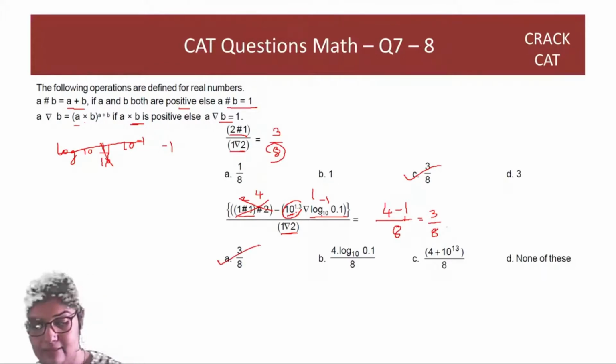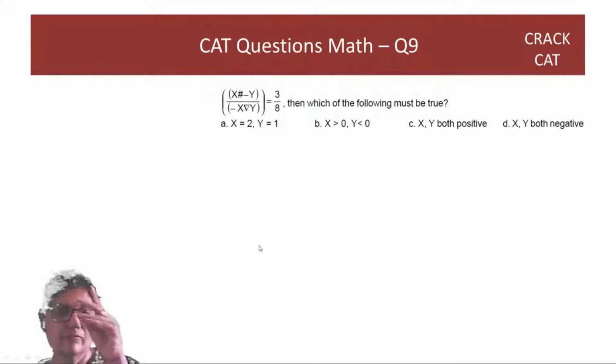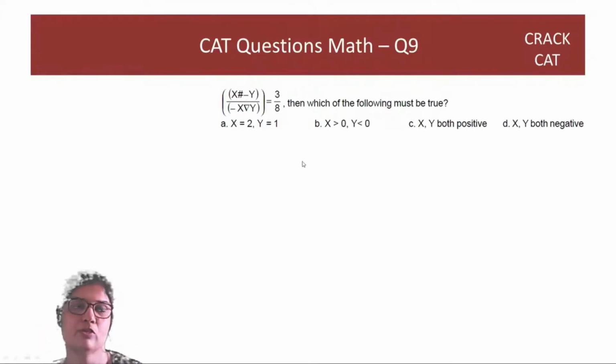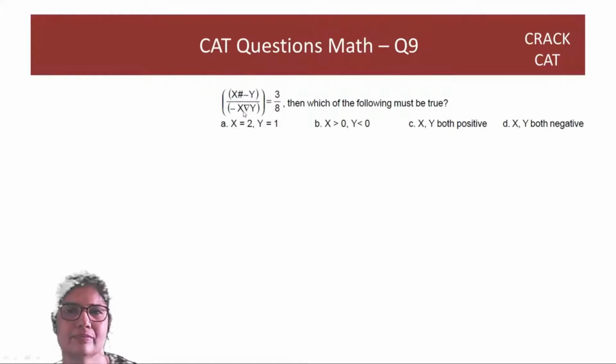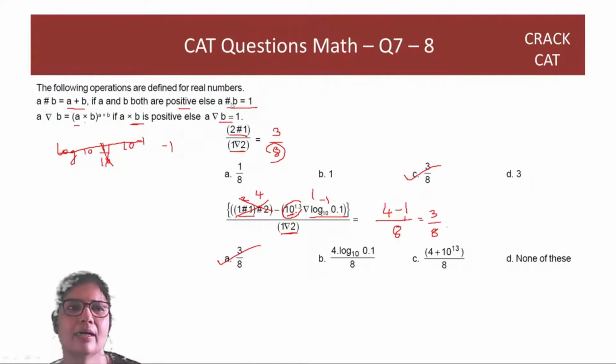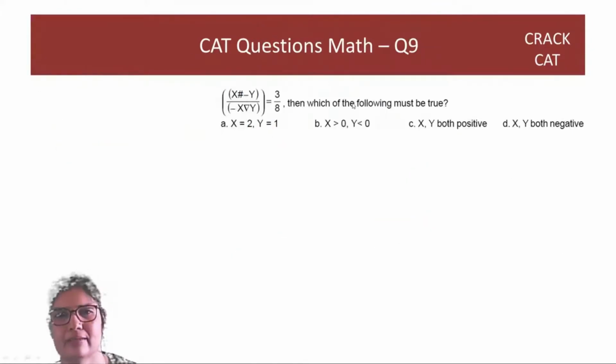Great. Let's look at the last question on this. Which of the following must be true? Okay, if this is 3 by 8, right? So the thing is that if one of these turns out to be 1, now, then I will not have 3 by 8.